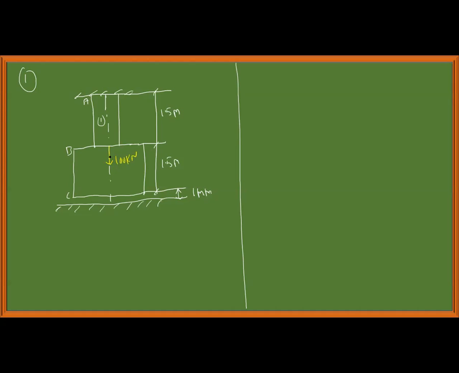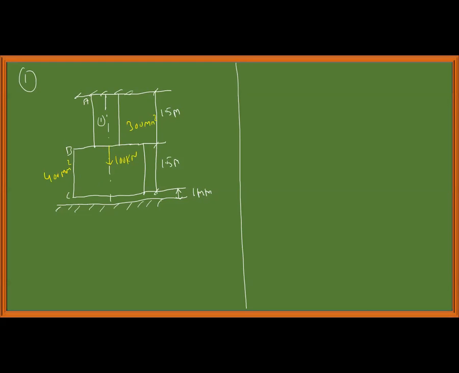The problem statement is like this. A bar ABC shown in the figure consists of two parts, AB and BC, having area of cross section 300 mm square and 400 mm square.